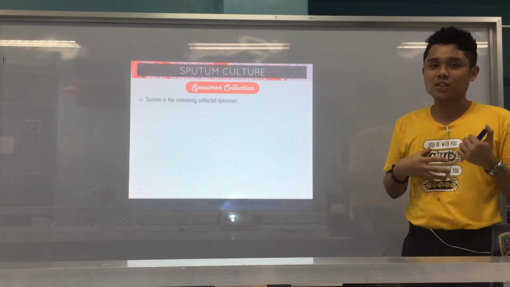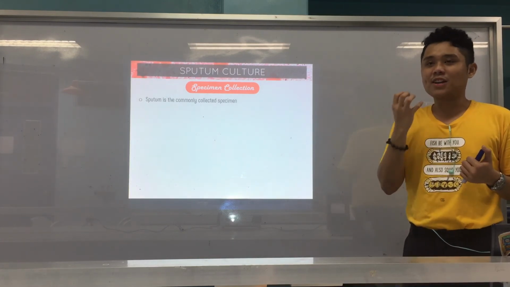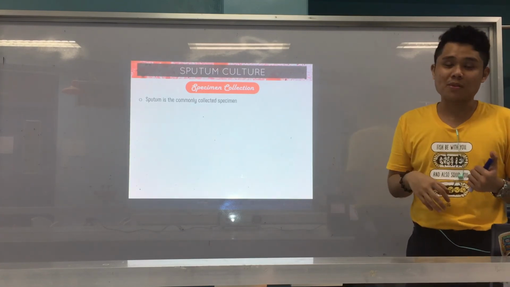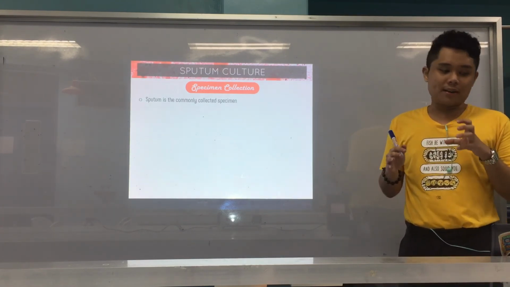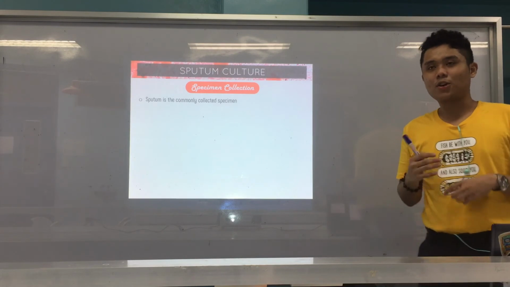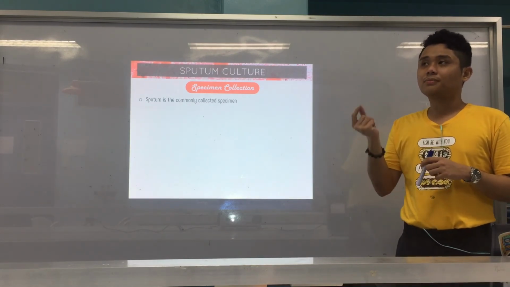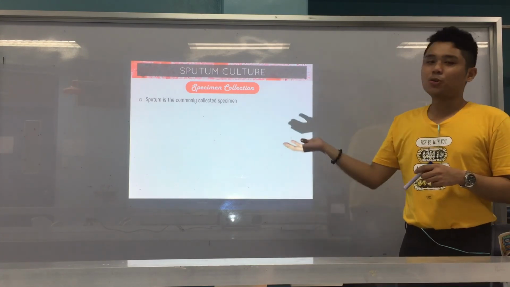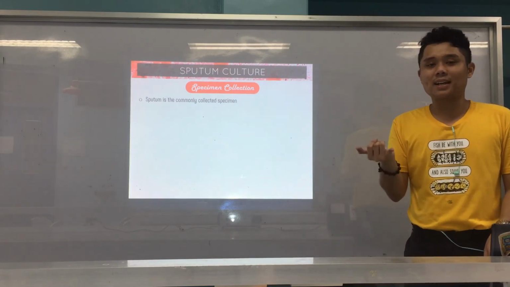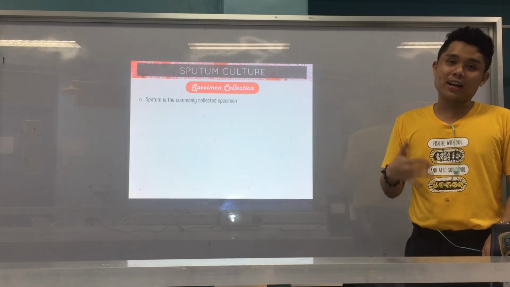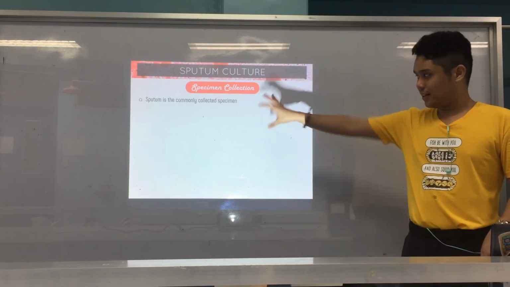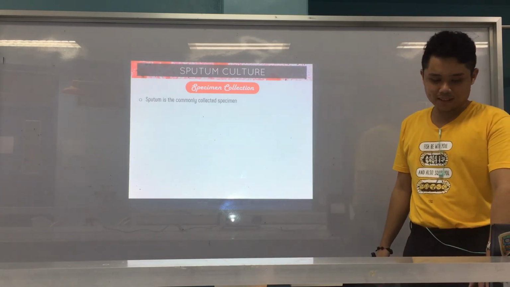But sputum passes through the mouth, which contains a lot of normal flora that could be external contaminants and could really hinder your analysis. But sputum is still used because it is accessible, easy to obtain, convenient for the patient, and a commonly collected specimen.